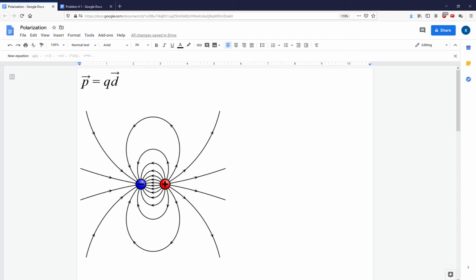We can describe a dipole by the dipole moment, represented by the letter P, which is equal to Q times D. Again, the net charge of the object is 0, so Q is the magnitude of just one of these charges, and D is a vector that goes from the negatively charged object and points towards the positively charged object.